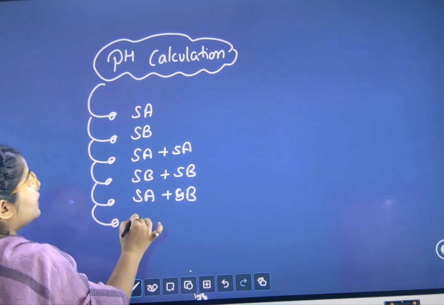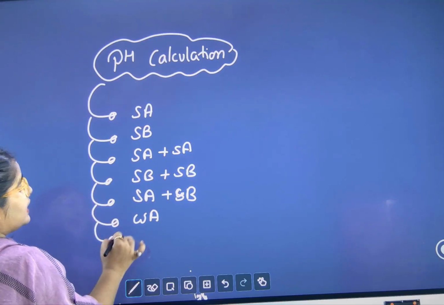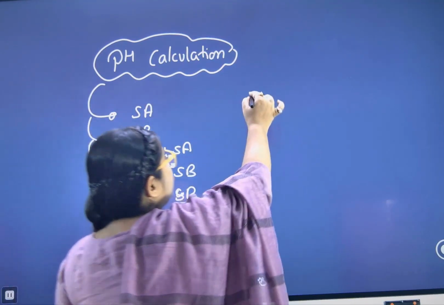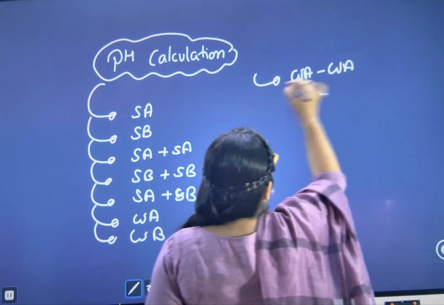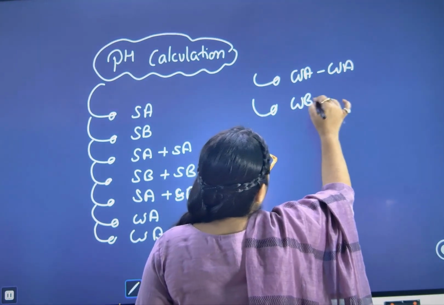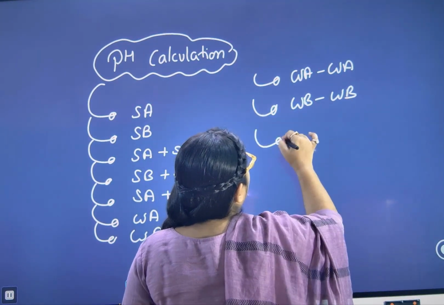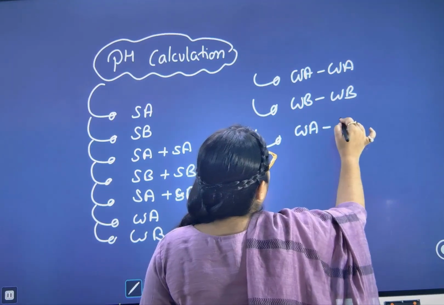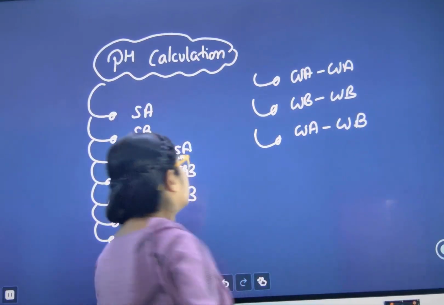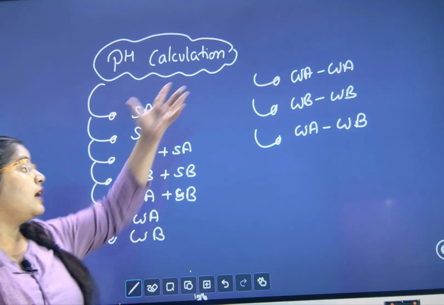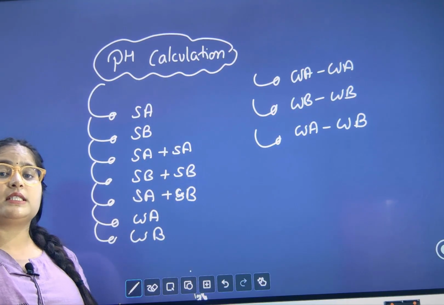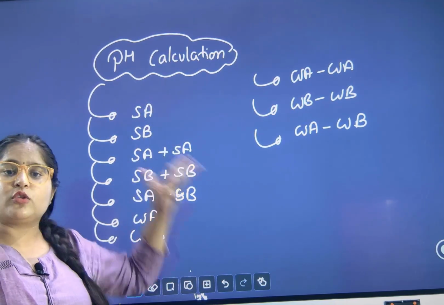After that we will see weak acid, then weak base. After that, the mixture of weak acid with weak acid, then the mixture of weak base with weak base, then the mixture of weak acid with weak base. So these are the types of questions that we will see for the pH calculation topic.